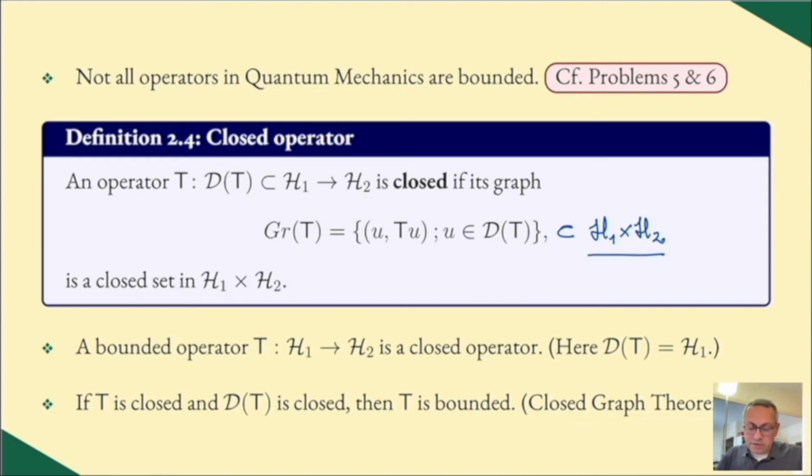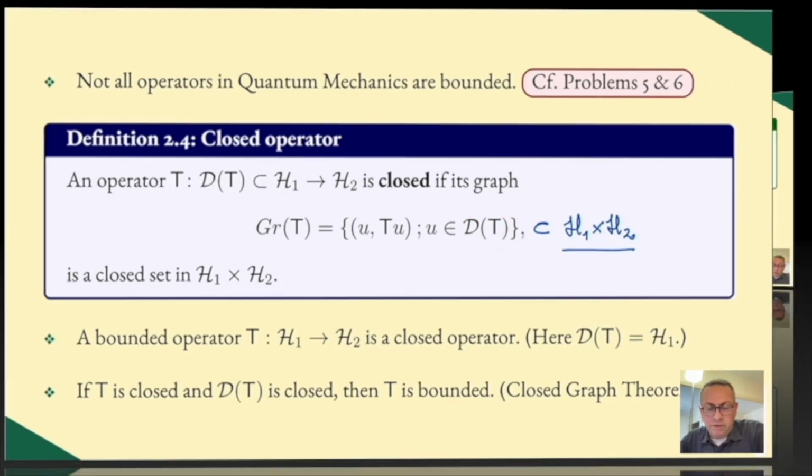It says basically that a linear map between Banach spaces or Hilbert spaces is bounded if and only if it's closed. But here we have to be careful because our domains are not necessarily closed. In fact, in the most interesting cases, it's never closed. It would be a dense linear subspace of some Hilbert space.